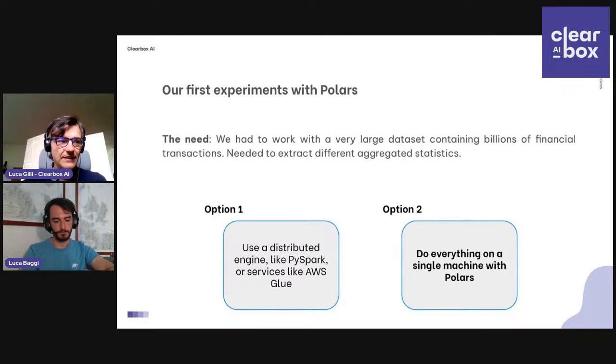The same code that would be running on our computers was easily deployed in a large-scale environment, because it's very transferable in terms of deployment pipeline.